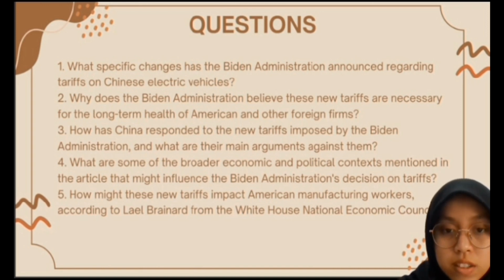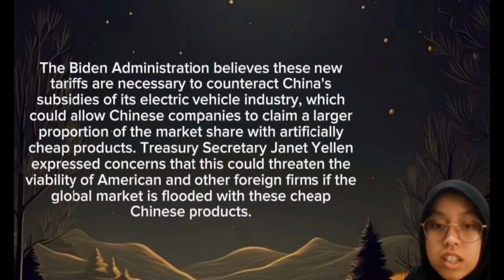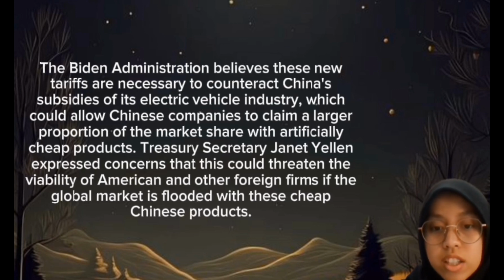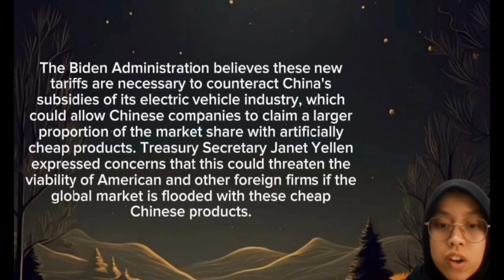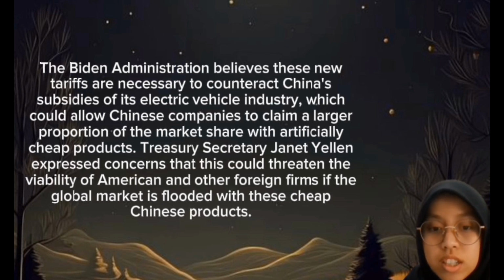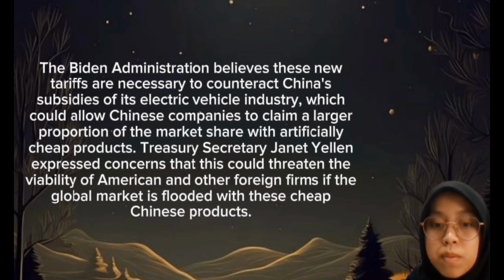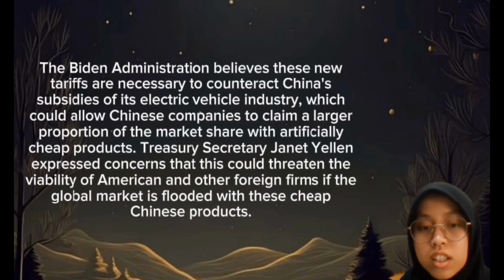The answer is, the Biden administration believes these new tariffs are necessary to counter China's subsidies of its electric vehicle industry, which could allow Chinese companies to claim a larger proportion of the market share with artificially cheap products. Treasury Secretary Janet Yellen expressed concern that this could threaten the viability of American and other foreign firms if the global market is flooded with these cheap Chinese products.